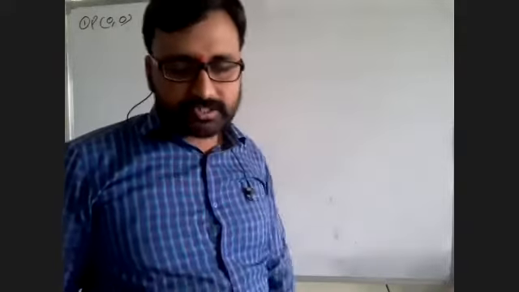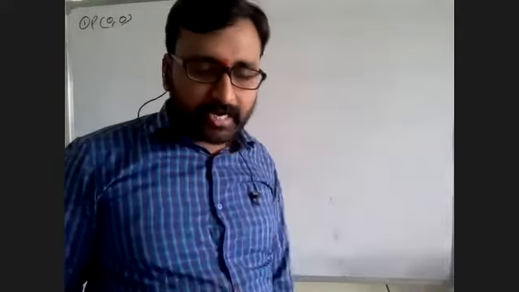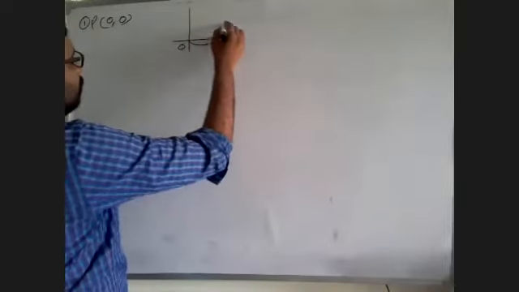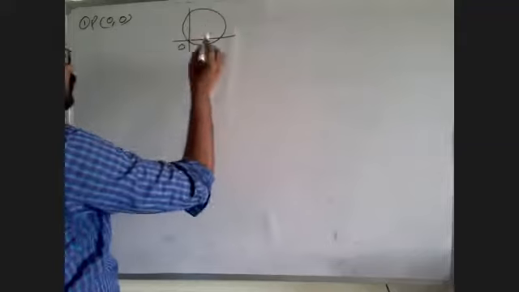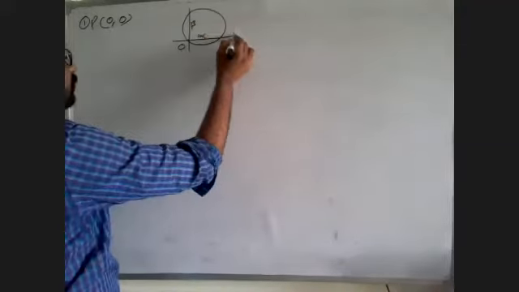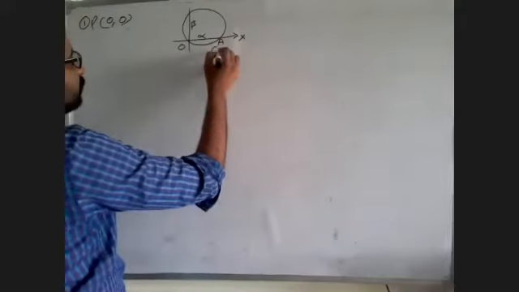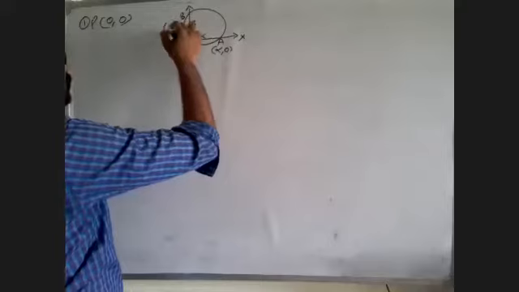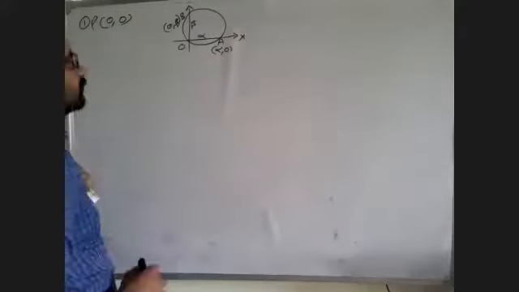If the circle passes through 0, 0 and has intercepts alpha and beta, see, this is x-intercept alpha, this is y-intercept beta, then this point will be alpha comma 0 and this point will be 0 comma beta.